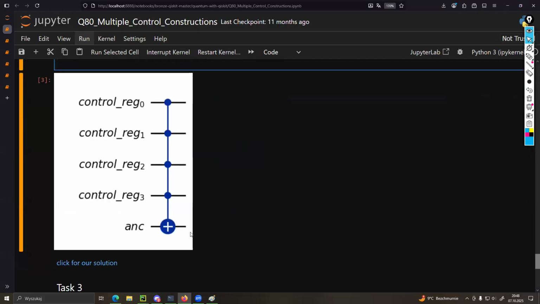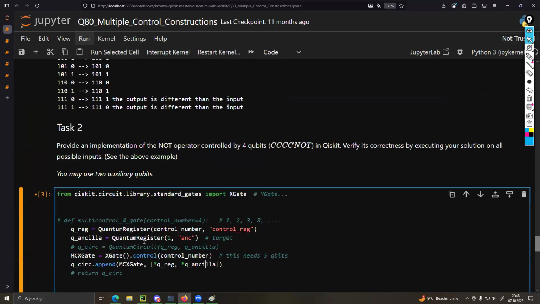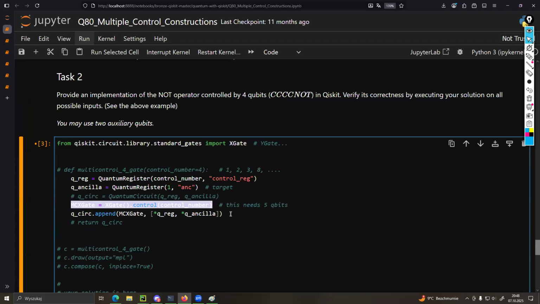So here it is. And this is a much simpler definition of control gates than what you have been doing with pairing up.